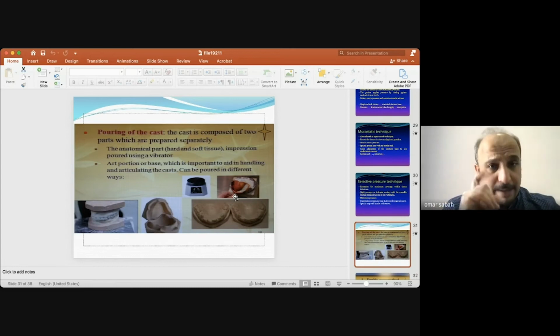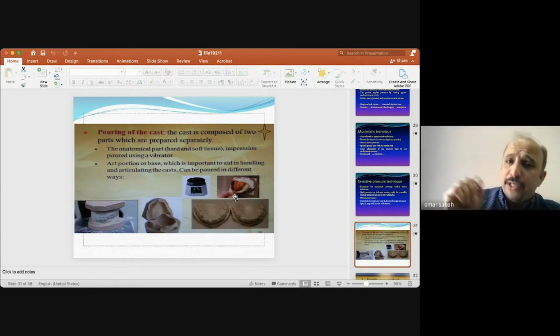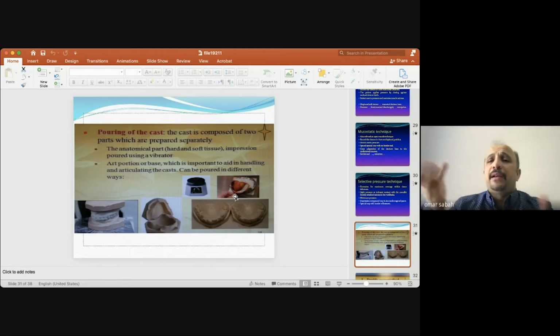If you have teeth, the problem here, I can use the same method that I explained, with thin layers, checking the bubbles with a probe, and then adding the stone. Be sure there are no bubbles in the stone. You can get a perfect cast.